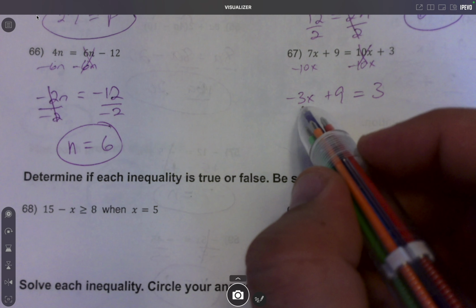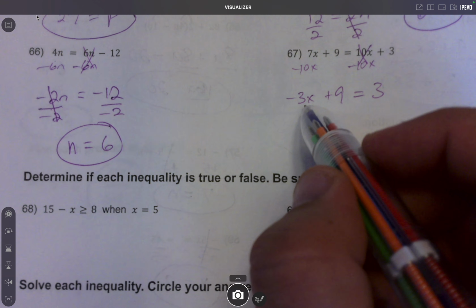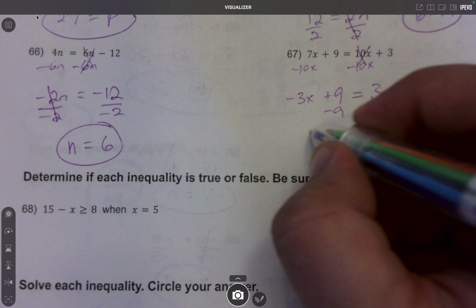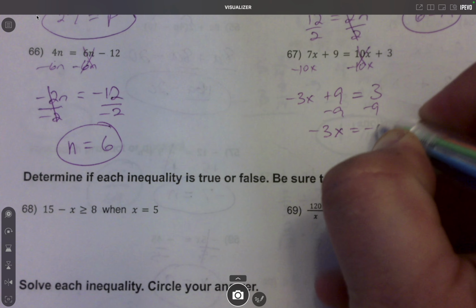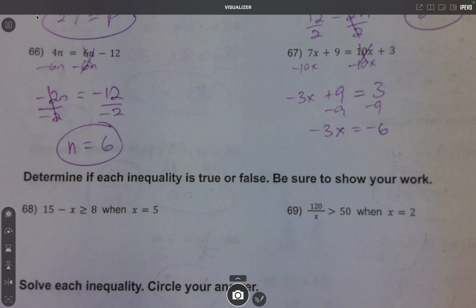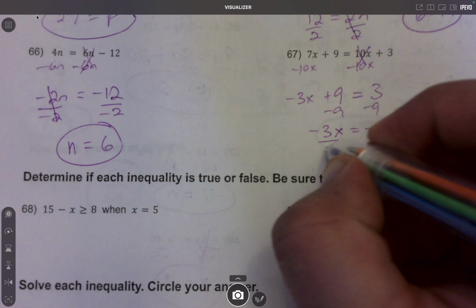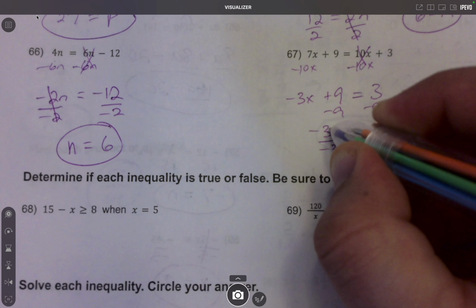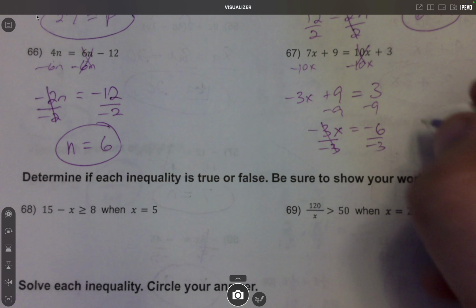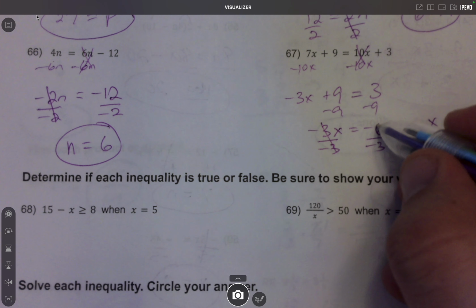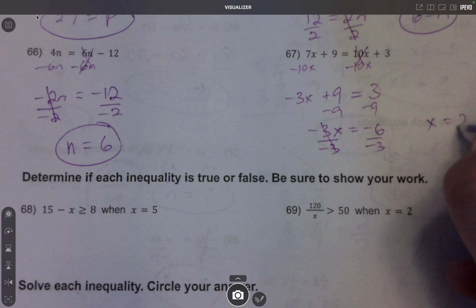Then I've got the variable all in one spot, but I want the constants to be all on the other side, so I'll subtract 9 from both sides. 3 minus 9 is negative 6. Then I divide both sides by negative 3. That leaves me with just x, and negative 6 divided by negative 3 is positive 2.